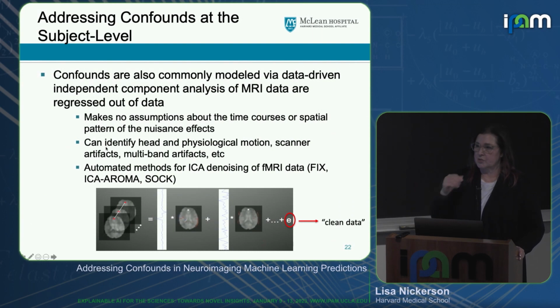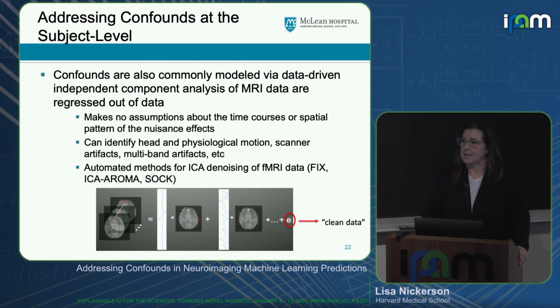There are several advantages to this technique, and I think it's becoming fairly standard now to do ICA-based denoising of fMRI data, whether it's task or resting state. It makes no assumptions about the time courses or spatial patterns of the nuisance effects, and can identify head and physiological motion, scanner artifacts, multiband artifacts, etc. And there are automated tools for ICA denoising of fMRI data.